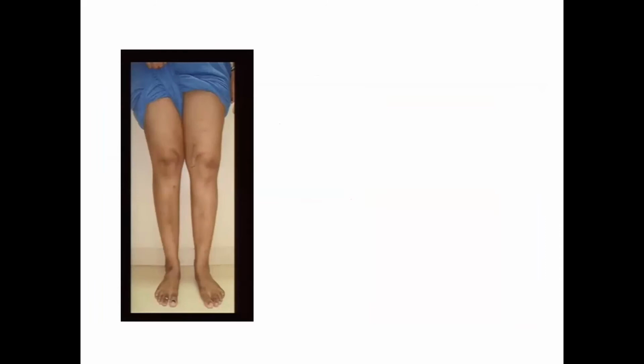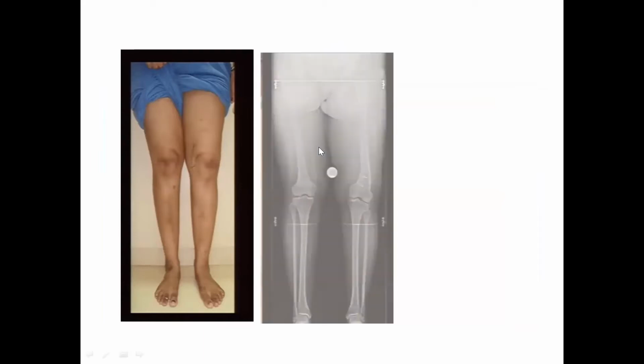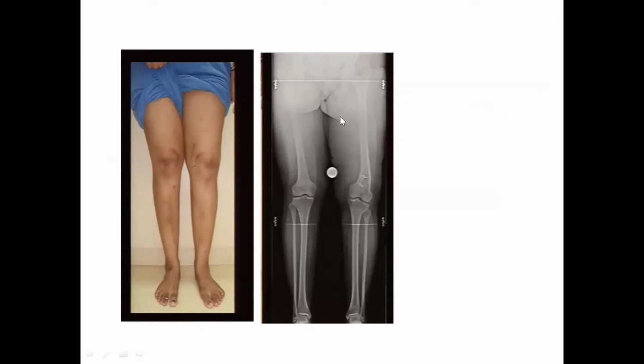So let me show you one X-ray. If you look at this limb of this 25-year-old lady who comes with pain of the knee joint, and you see her overall limb alignment, you will say it's okay, it doesn't look so bad. But the same X-ray, can anybody comment?